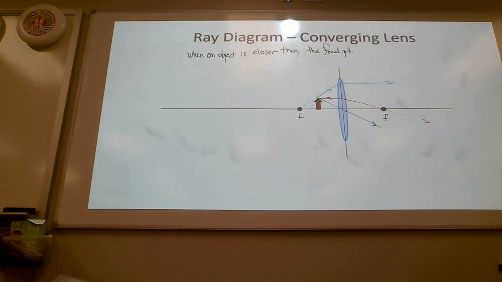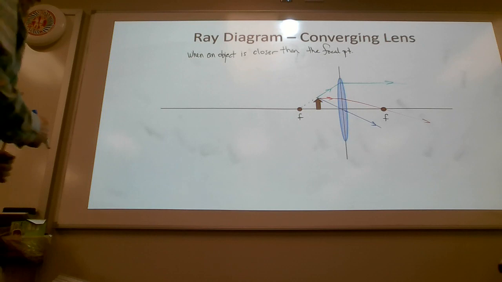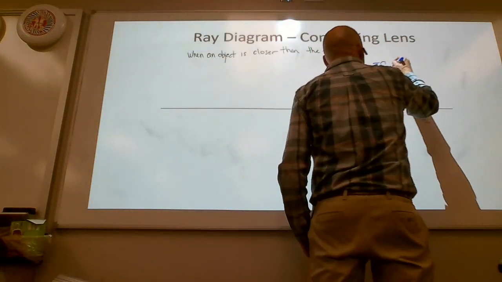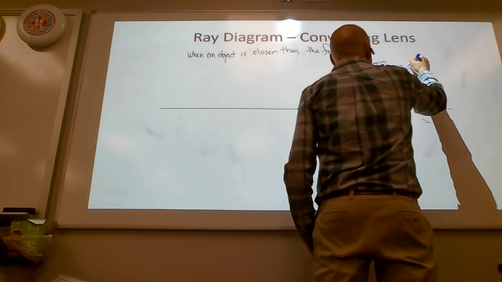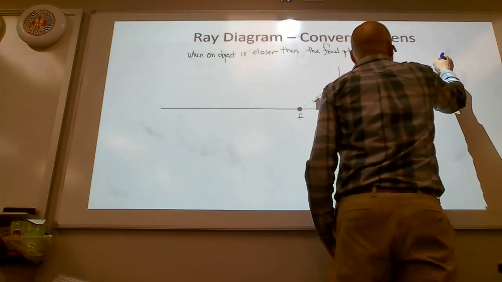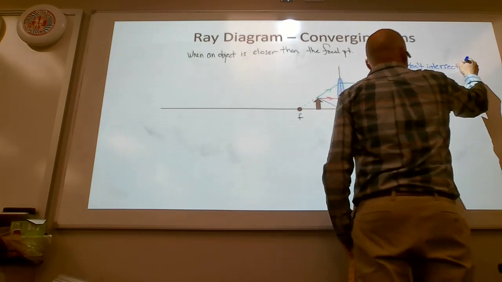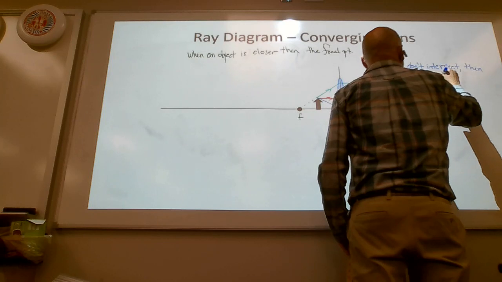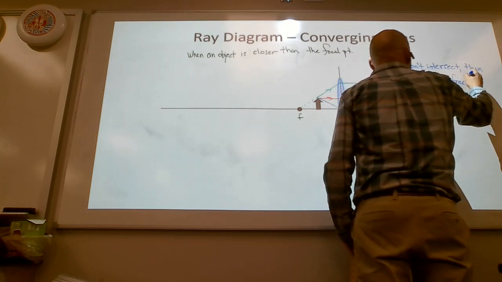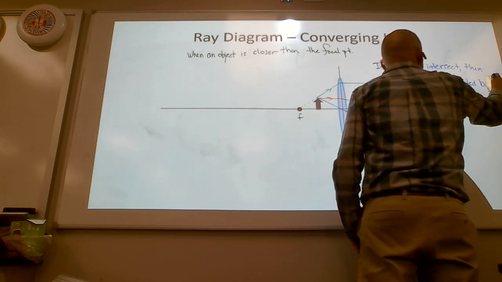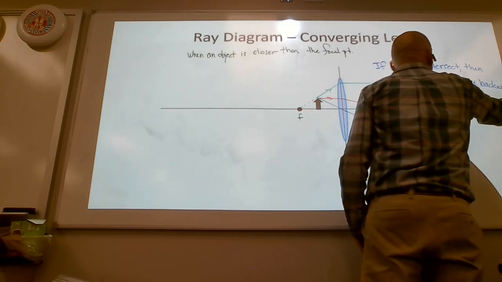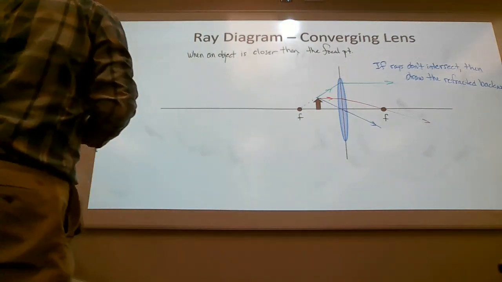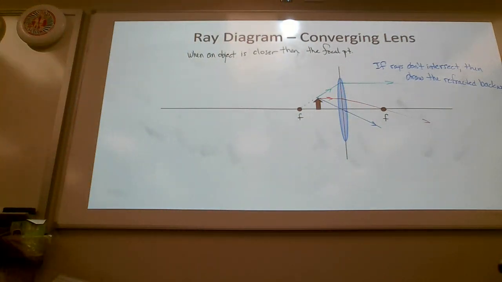They don't intersect. Oh, what do we do? So if rays don't intersect, then draw the refracted rays backwards. If the rays don't intersect, then draw the refracted rays backwards.